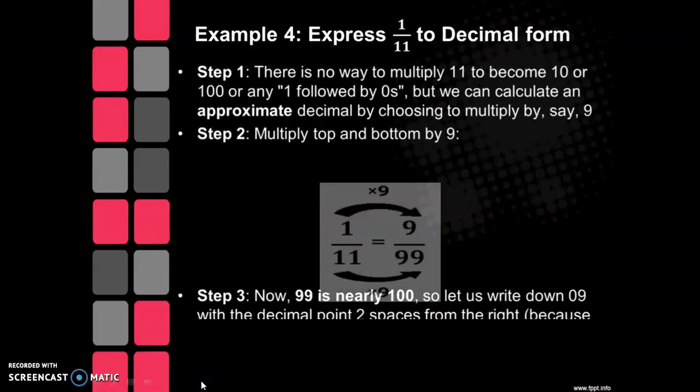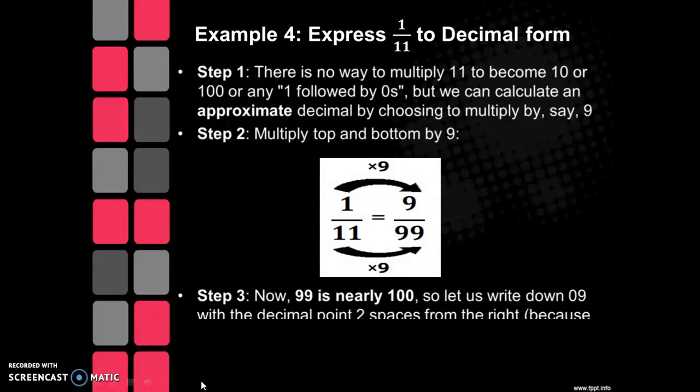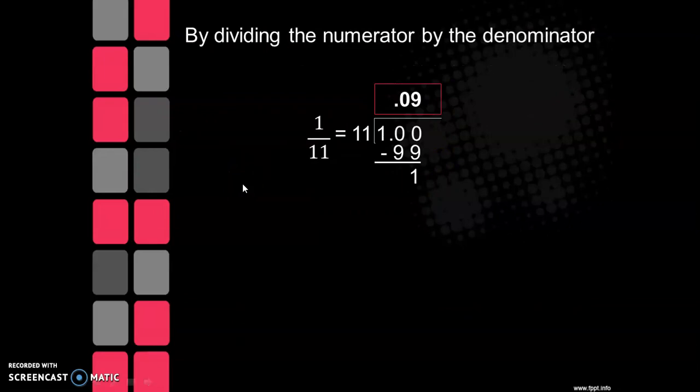Okay, so example number 4, we have 1 over 11 to decimal form. Okay, here again, I will not discuss the longer one, but I will proceed with the long division method. So, by dividing the numerator by the denominator, we have 1 over 11, so 1 divided by 11.